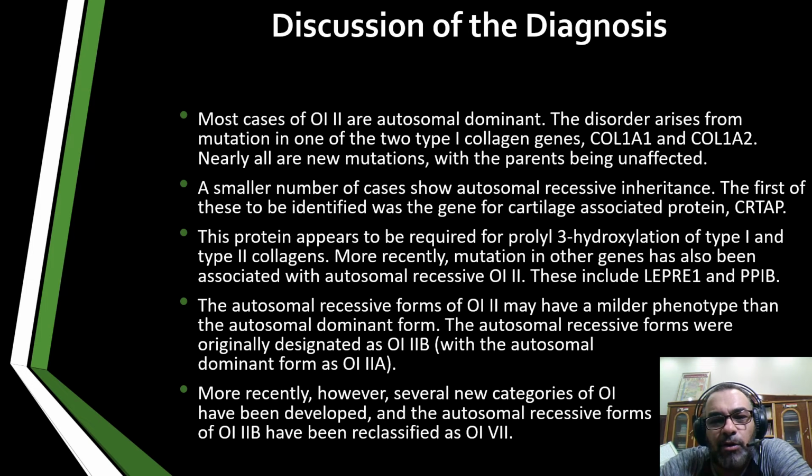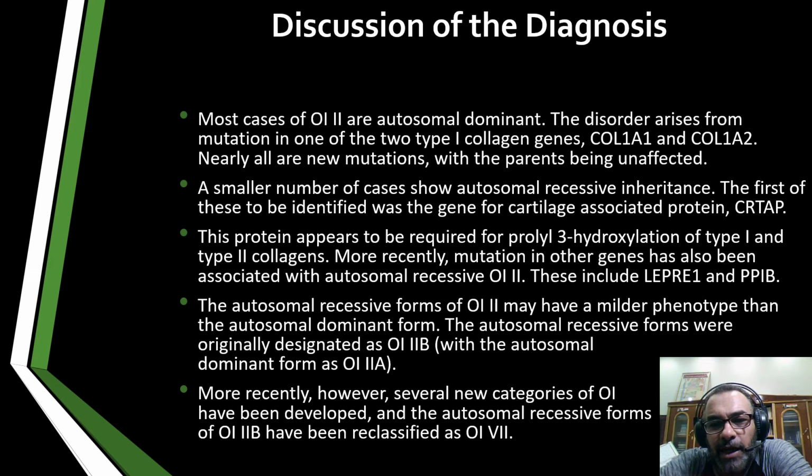A smaller number of cases show autosomal recessive inheritance. The first of these to be identified was the gene of cartilage-associated protein, CRTAP gene. This protein appeared to be required for prolyl 3-hydroxylation of type 1 and type 2 collagens. More recently, mutations in other genes have also been associated with autosomal recessive osteogenesis imperfecta type 2.